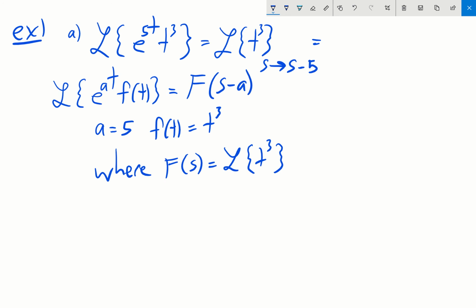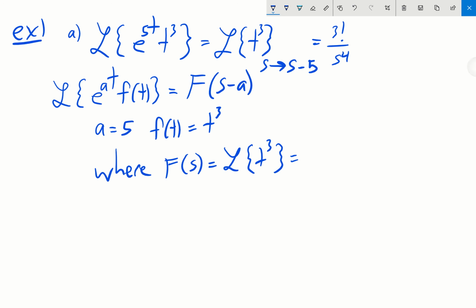If we go back and look at the theorem we had previously, to do the Laplace transform of t cubed, we would want to have the factorial with it. So if we adjust that, it should be 3 factorial divided by s to the 4th.